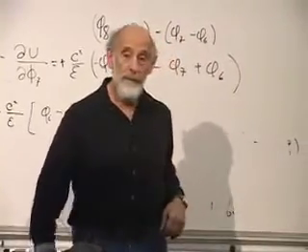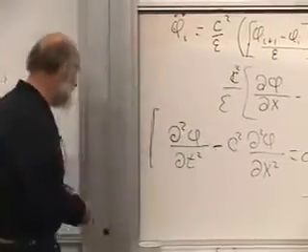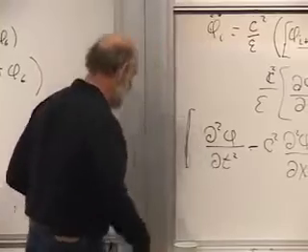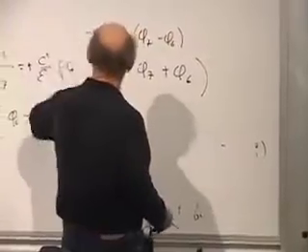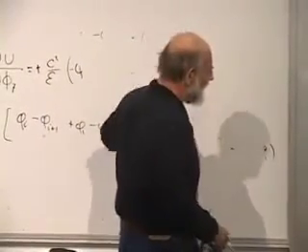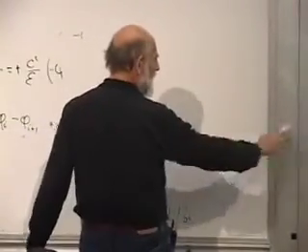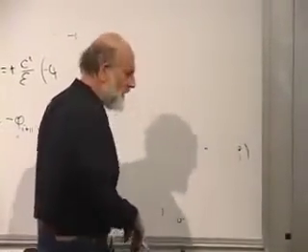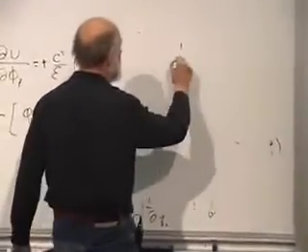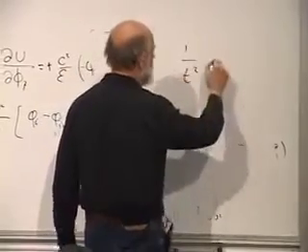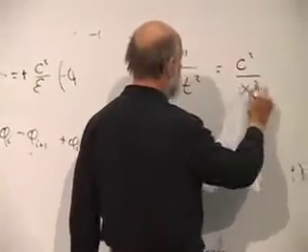With what velocity? C. Did I get it wrong? Wait, hold on. Let's just check the dimensions of c. I've done this more than once wrong. Let's check dimensions. Okay, so apart from the dimension of phi, which I don't care about since it appears in both of these, here I have a dimension 1 over time squared, equal to a thing with dimension c squared over x squared.